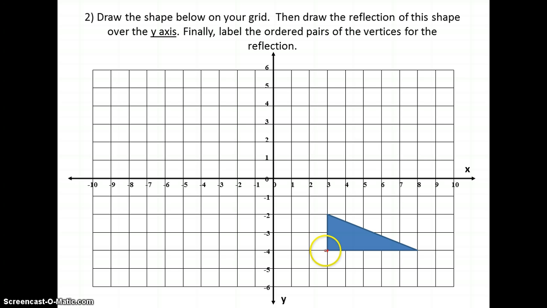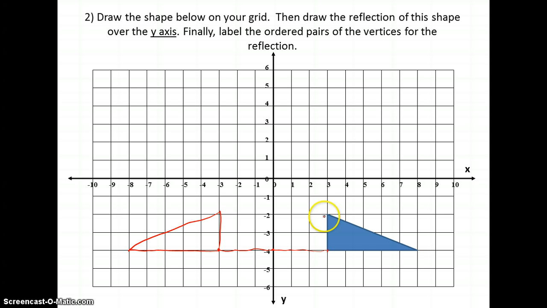I take a point. I notice it is 1, 2, 3 spaces from the y-axis. So I need to go 1, 2, 3 spaces beyond the y-axis to draw my point. And here is my reflected figure.